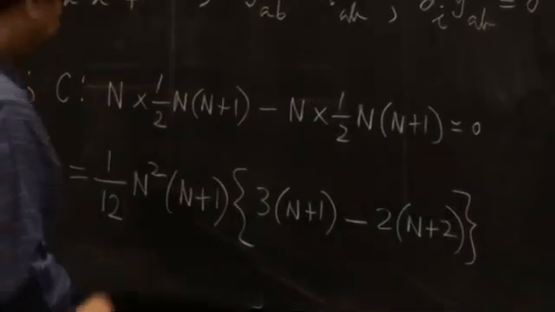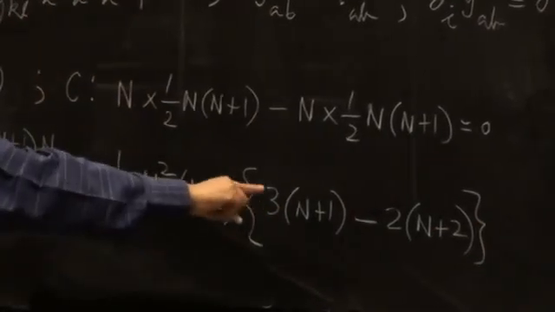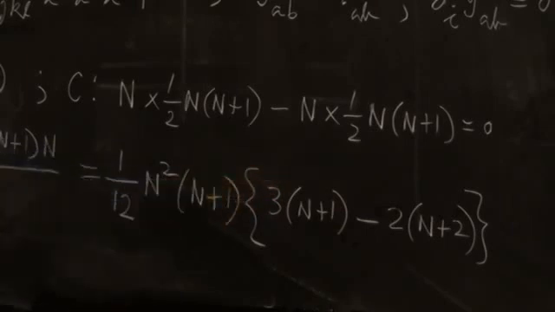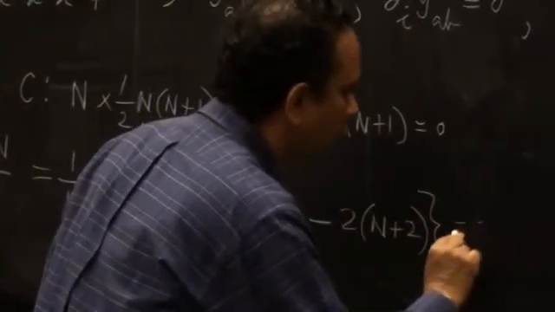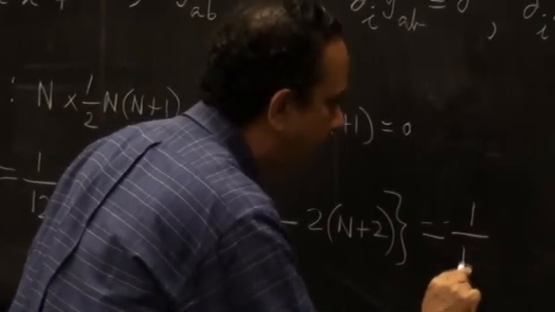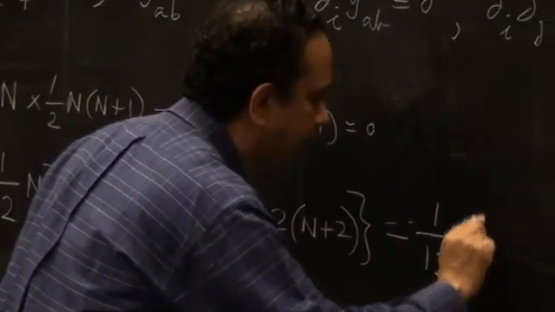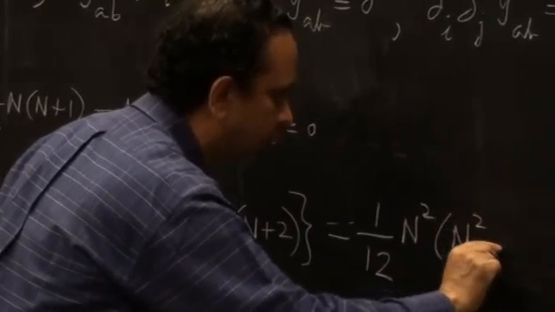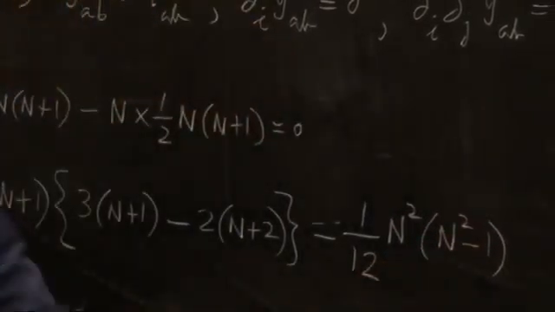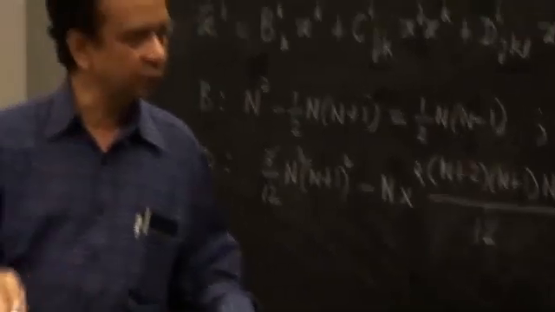So this is 3n minus 2n, that is n, 3 minus 4, n minus 1. N minus 1 into n plus 1 will give me n square minus 2. So 1 by 12 n square into n square minus 2. Which incidentally proves that numbers of the form n square into n square minus 1 are always divisible by 12. It is anyway trivial to prove otherwise.